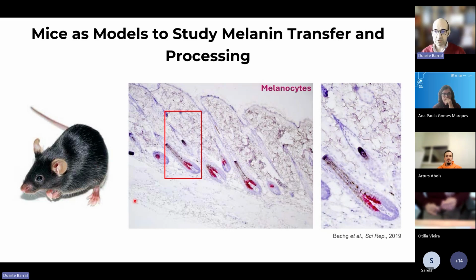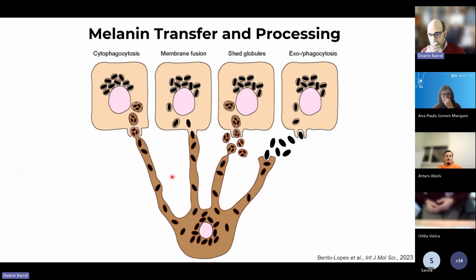And if you shave a mouse, you see that the skin is pink and is not pigmented. So they are not really good models to study skin pigmentation because they don't pigment the skin, and we are interested in skin pigmentation, not in hair or fur pigmentation. So this shows you the models of melanin transfer proposed in the literature.